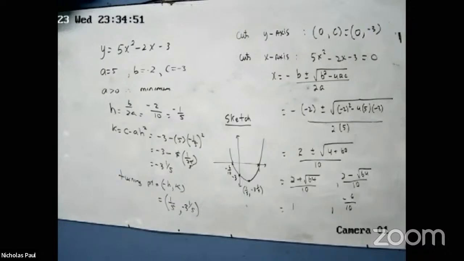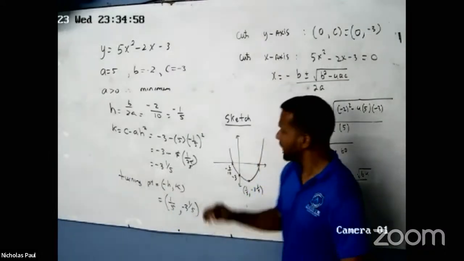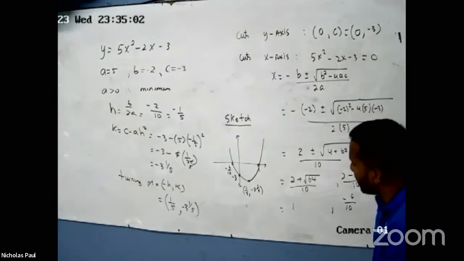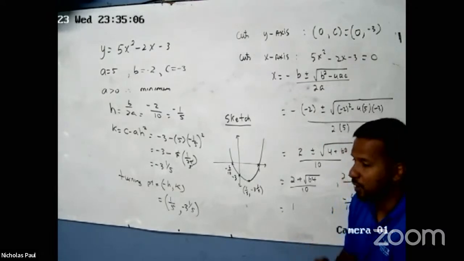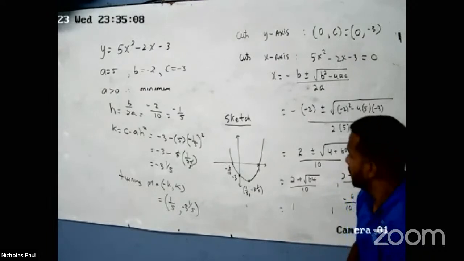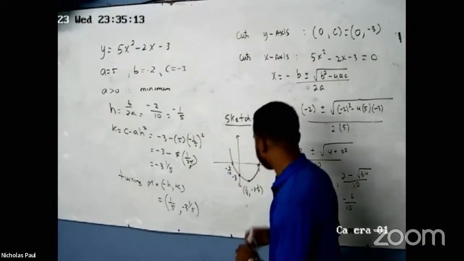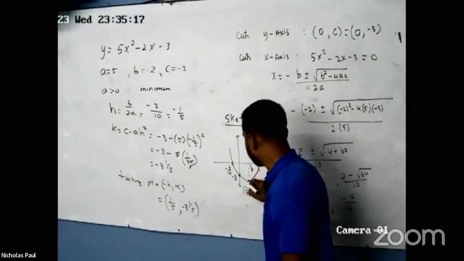Ready? I want you to follow the same thing from her, and I want you to draw the quadratic. There are still some things that we have to learn. Actually, you could see it here. What's the lowest value? What's the minimum value of this function? This value is 1/5.